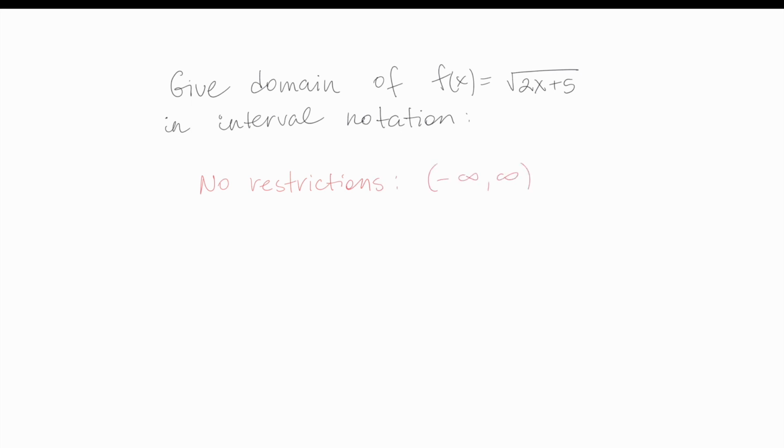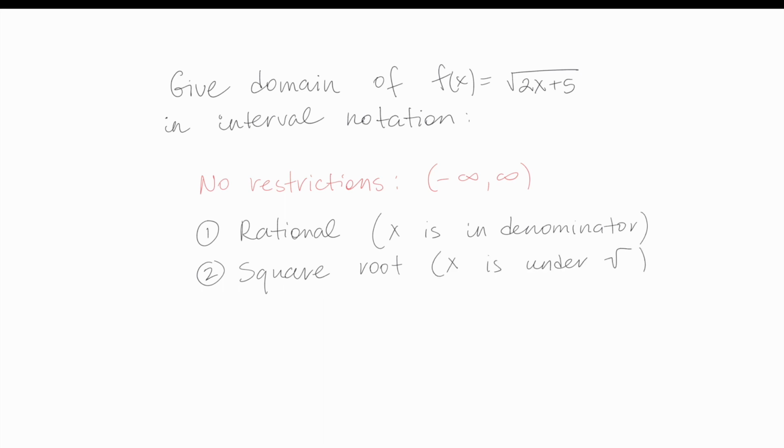The typical functions that will have restrictions on the x inside of those functions are rational, and that is where x is present in the denominator of a fraction, and also square root functions, and that is where x is present under the square root.